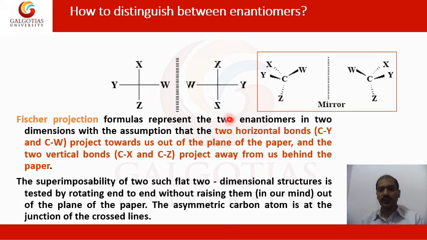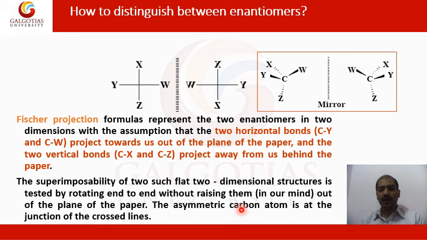So you can understand this example with this content. You can read from here, you will find an easy way how this can be represented. Another point: the superimposability of two such flat two-dimensional structures is tested by rotating end to end without raising them in our mind out of the plane of the paper.